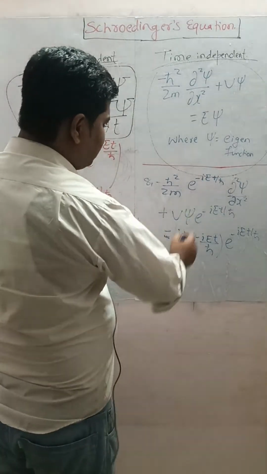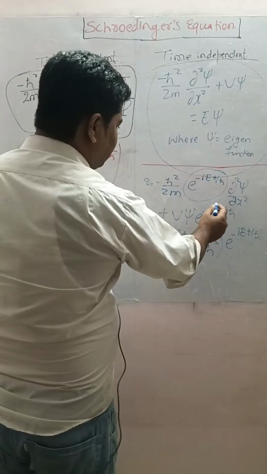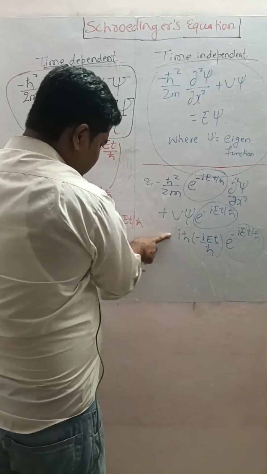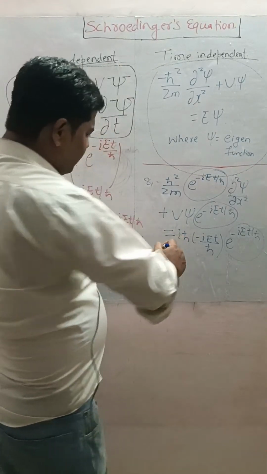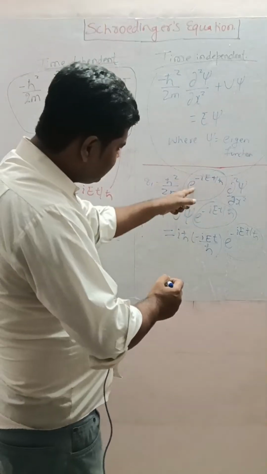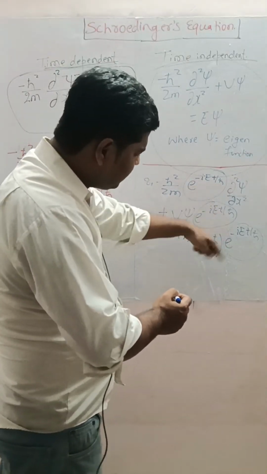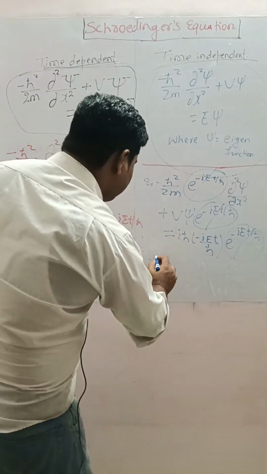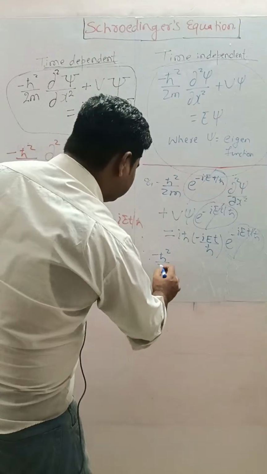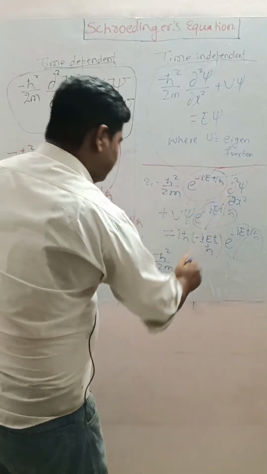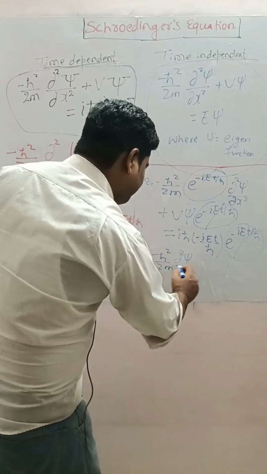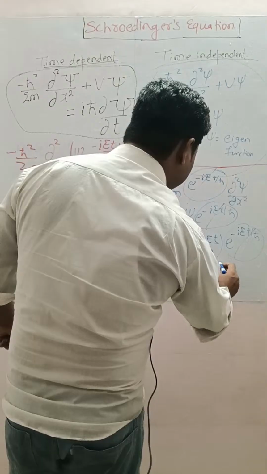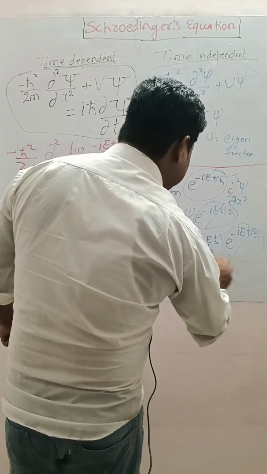First of all, you can see that this and this, in the LHS there are two of these terms, and taking this common, they will get cancelled. And what we are left with here is this, plus V, this and this.